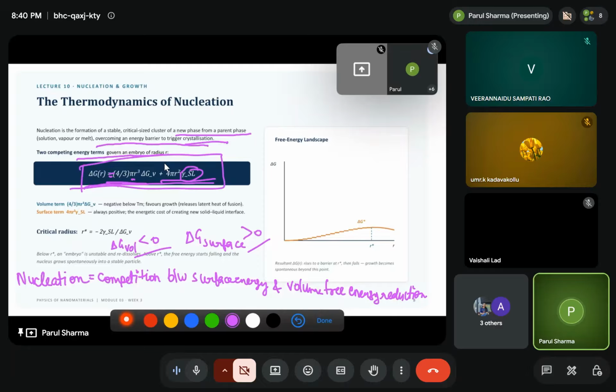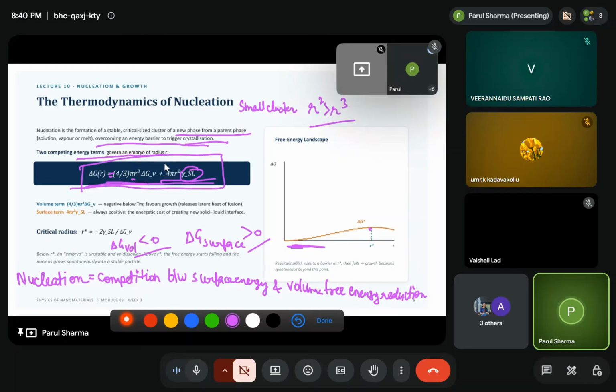So for a very small cluster, the r square surface energy will dominate. Then as the cluster grows, the negative volume contribution becomes increasingly important. So the total free energy reaches a maximum, delta G star, and this is the nucleation energy barrier.